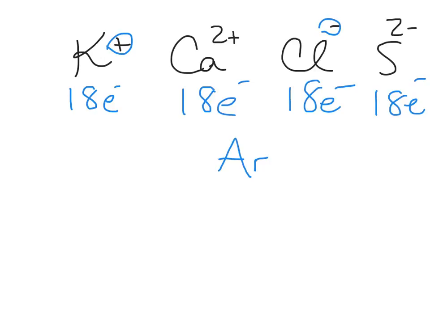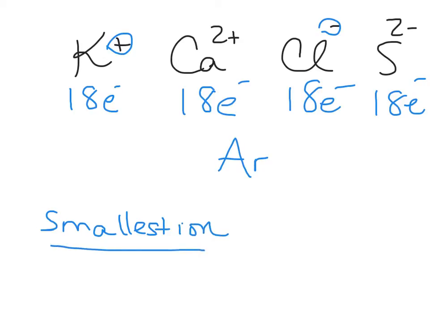And so the question asks you to arrange them from smallest to largest. The smallest ion will be the one with the largest number of protons, because it'll have the strongest attraction and it'll draw the outer electrons in the most strongly. So I think I said electrons, the largest number of protons.